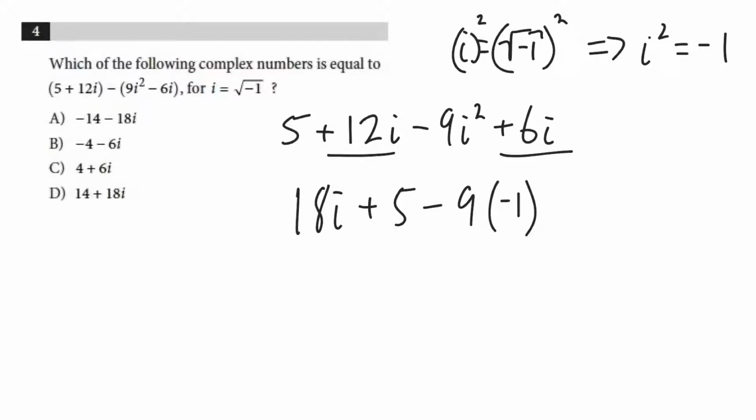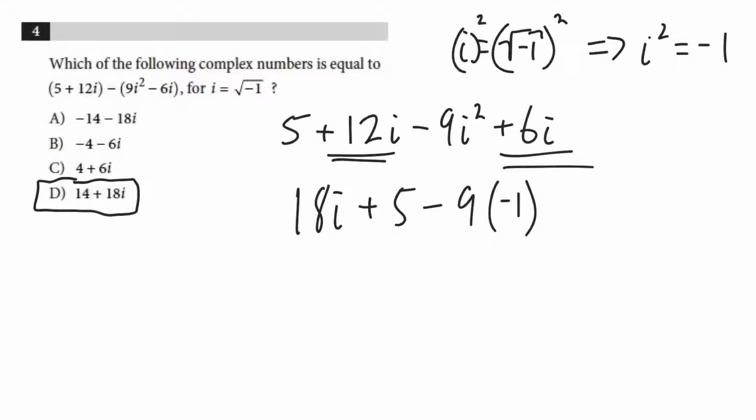Well, I don't even really need to go any further. I guess I could have stopped as soon as I combined like terms, the 12i and the 6i, because there's only one expression that has positive 18i in the solution. So we know that 14 plus 18i is our solution, but let's just continue.